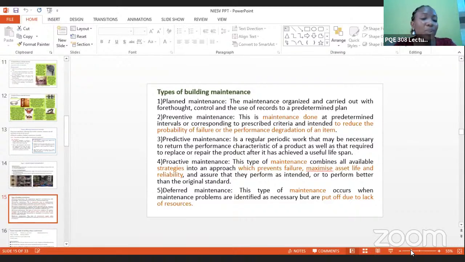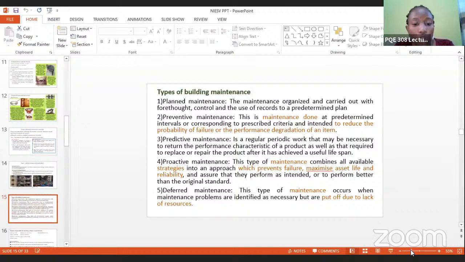Another type of building maintenance that we have is predictive. Predictive is a regular periodic work that may be necessary to return the performance characteristics of a product, as well as that required to replace or repair the product after it has achieved a useful lifespan. Predictive, to predict.